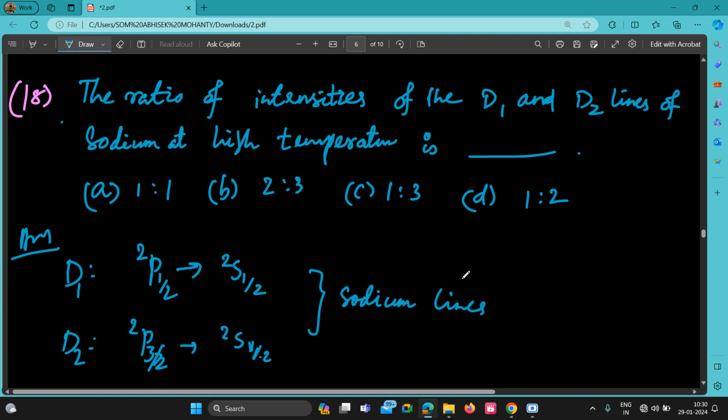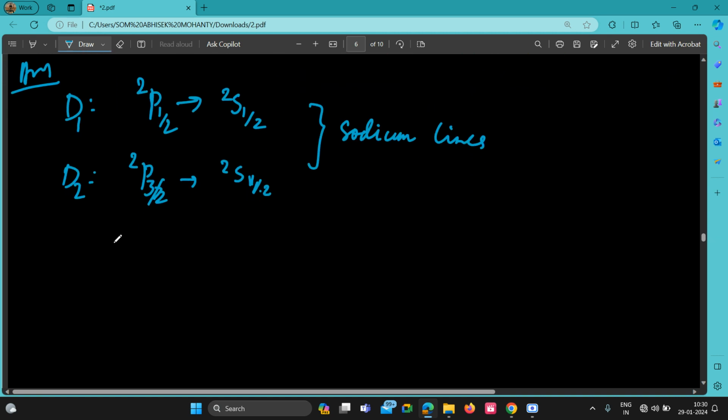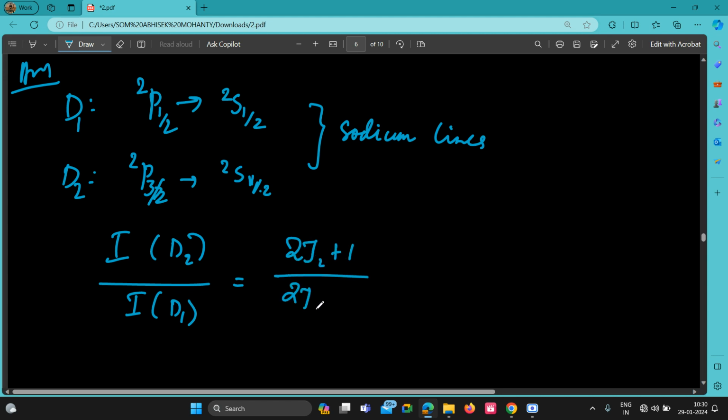So intensity, ratio of intensity. So intensity of D2 divided by intensity of D1. That is what we are asked. So we know the formula, I is proportional to 2J plus 1. So what is J in D2? 3 by 2.